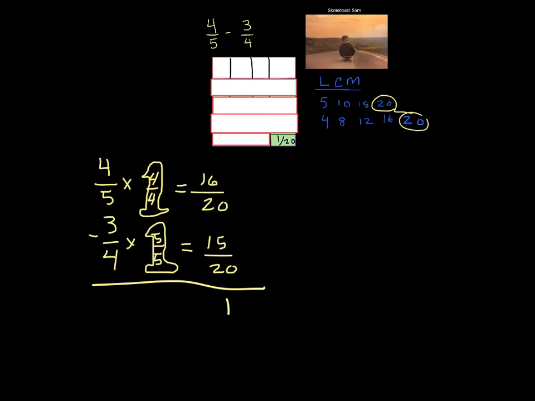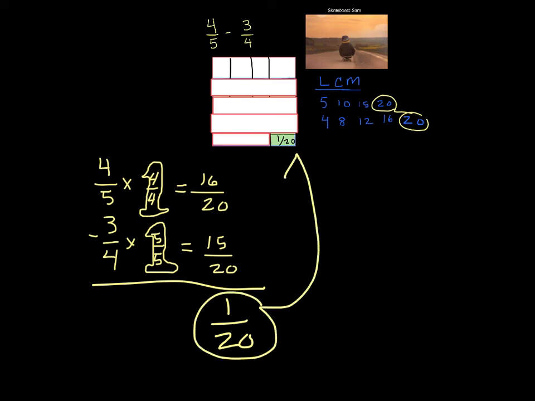So then I'm going to simply draw my line and drop my denominator because the denominator just tells us how many parts this is cut into. In this case, the mile, or I'm sorry, it'd be the mile. There's only 4/5 of a mile, and they're cut into now 20 parts, right? So I have 1/20th of the mile left, and as you see, this answer agrees with my illustration right there.